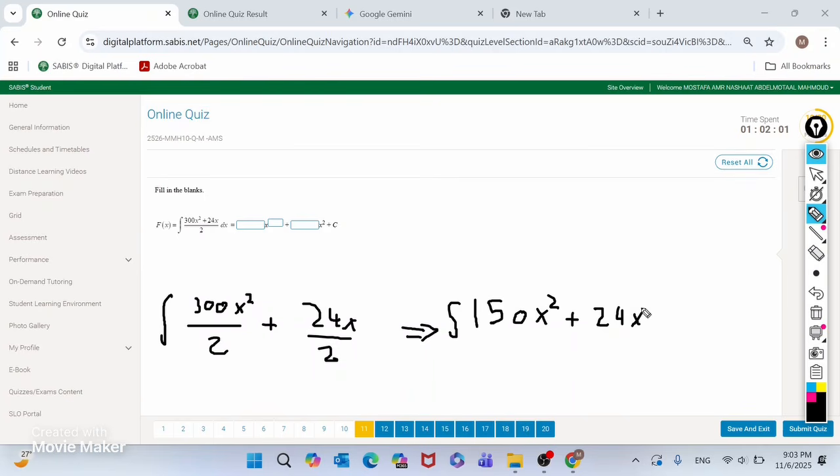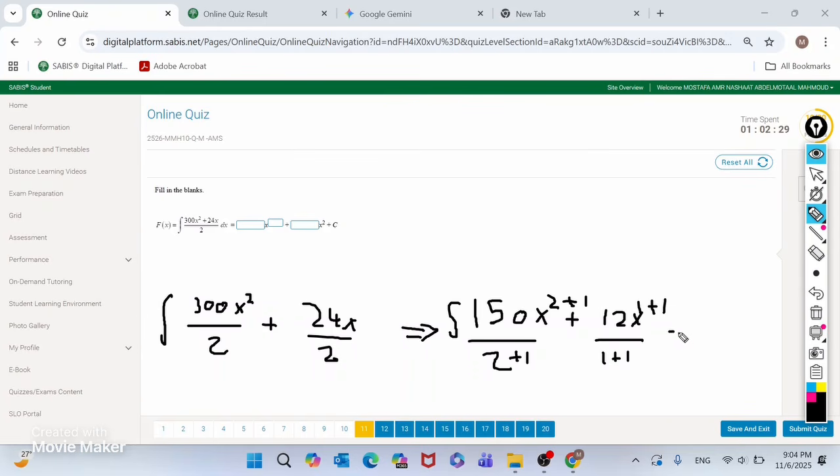Now just integrate this. Plus 1, so over 2 plus 1. And I divided by 2 and kept it as 24, it's 12 now because I divided by 2 here. So 1 plus 1 over 1 plus 1.